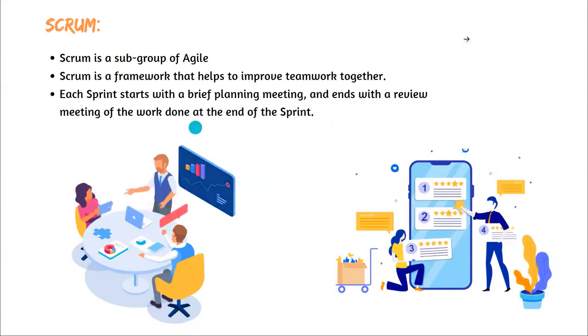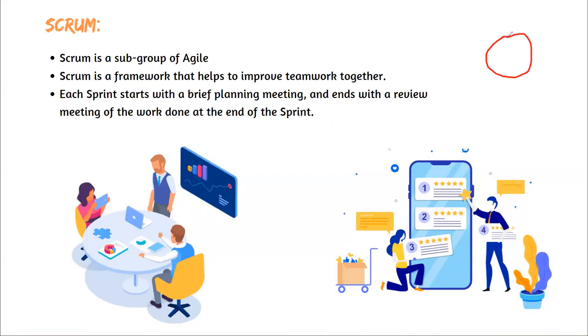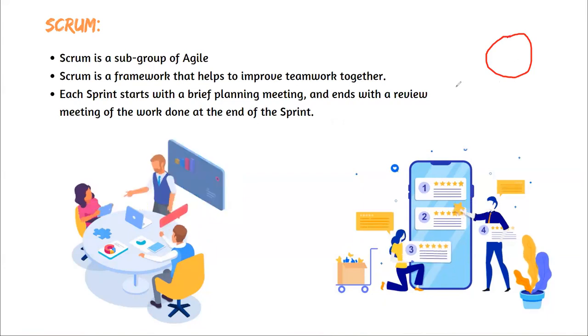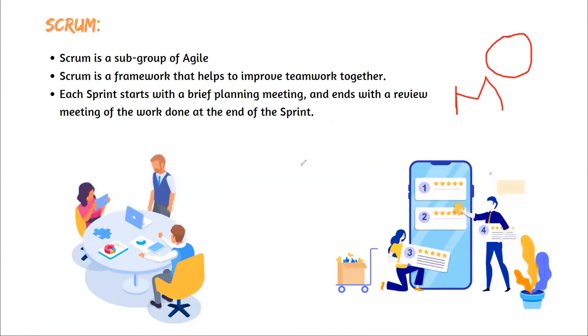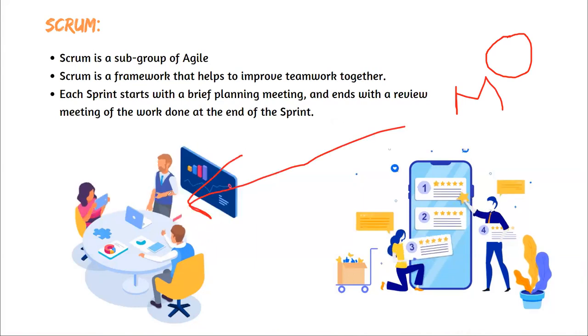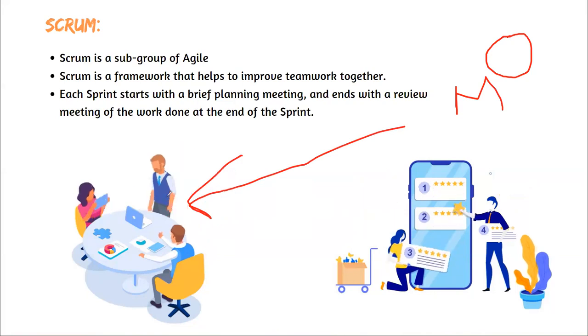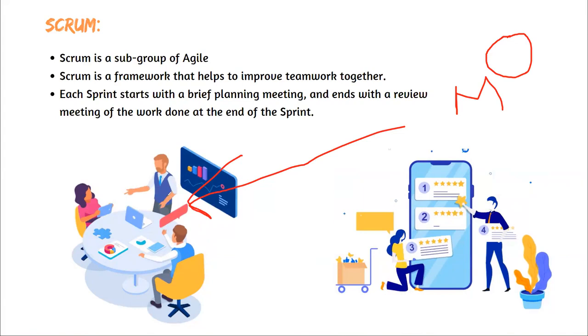So that means the Scrum team members start working on an application. Once they are done with the application development, they are going to have a meeting. In this meeting, they discuss everything about the application and review it, and then they start deploying into the production servers.